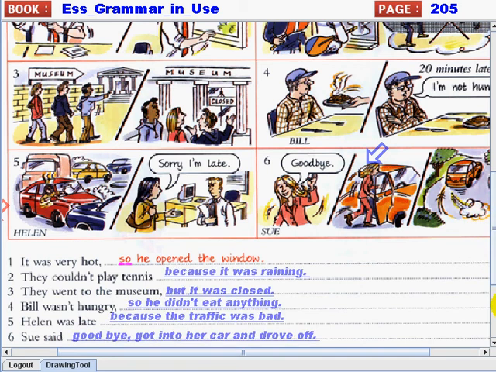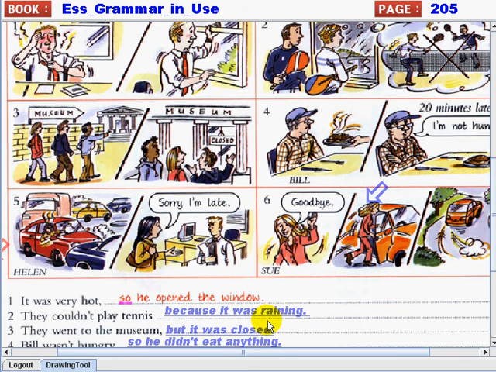Alright, I think you're now ready to check your answers in numbers 2 to 6. Let's start with number 2. They couldn't play tennis because it was raining. We used because to state the reason why they couldn't play tennis. Number 3. They went to the museum, but it was closed.